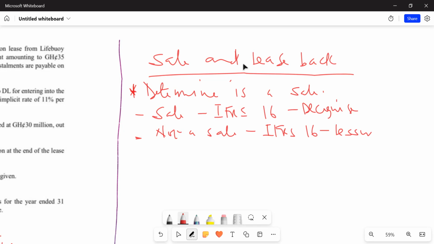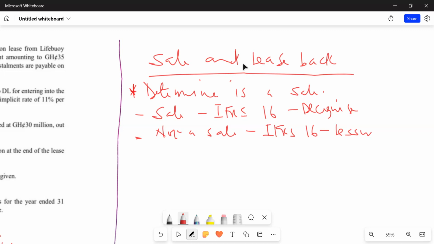If it is not a sale, the amount that has been taken from the customer will be treated as a loan, because you are saying that you are selling an asset, but the asset is still in your possession and you are still using it. It means that you just used the asset as collateral security to take a loan from the person. So you recognize the amount you have taken from the customer as a loan, and you continue recognizing the asset the way you were doing before you took the money.